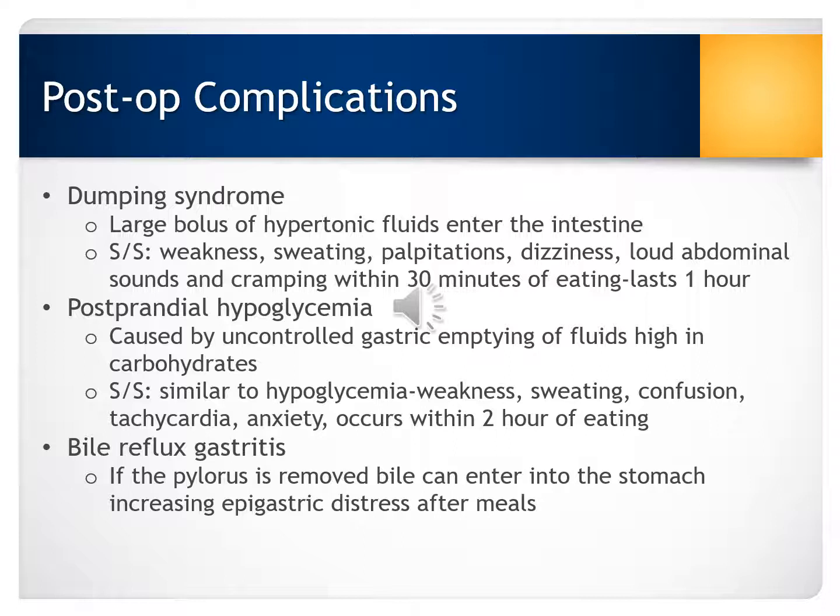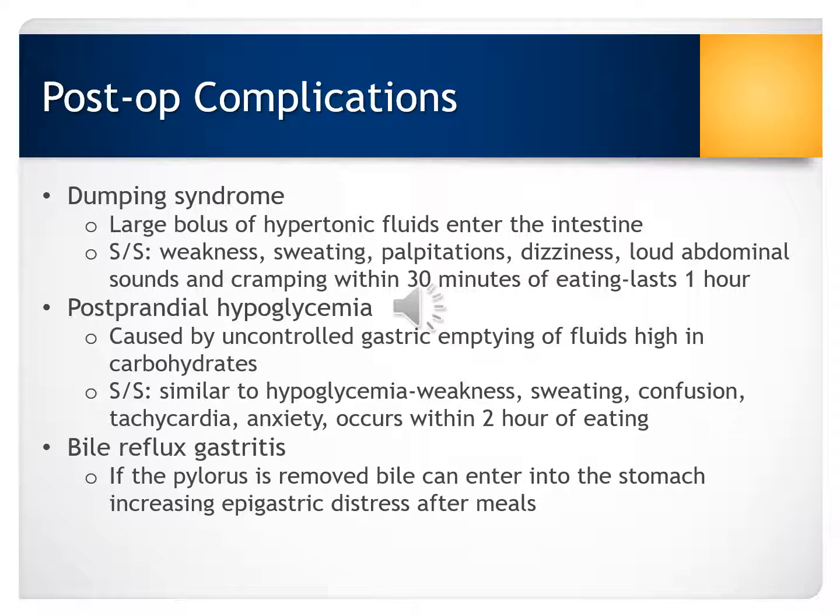As with all surgeries, postoperative complications such as bleeding, infection, and the other postoperative complications spoken about previously can occur. But patients who are having surgery for peptic ulcer disease can also experience dumping syndrome, postprandial hypoglycemia, and bile reflux gastritis. Dumping syndrome is a direct result of the surgical removal of a large portion of the stomach. The stomach no longer has control of the amount of gastric chyme entering the small intestine.